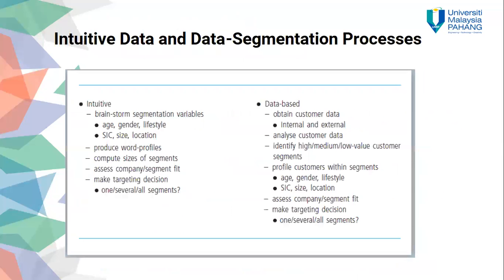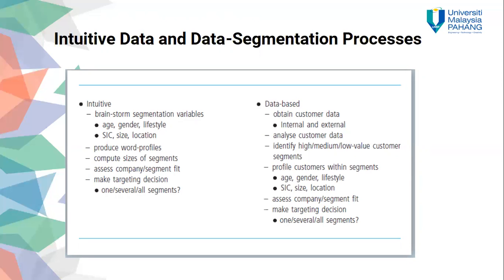So we have intuitive and data-based segmentation processes. When it comes to intuitive, we are looking at segmentation variables such as age, gender, lifestyle, and then computing the size of the segment, assessing company fit, and then making the targeting decision. So from here you can segmentize your customers, and then we also have the database approach.